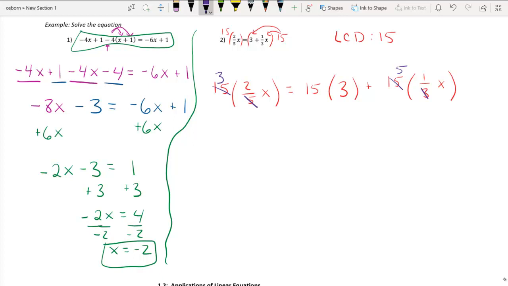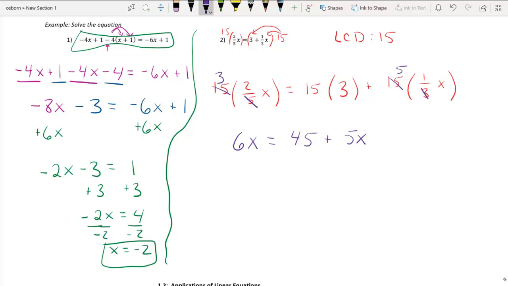So I'm left with 3 times 2x, which gives me 6x, is equal to 15 times 3, so 45, plus 5 times 1x, so 5x.